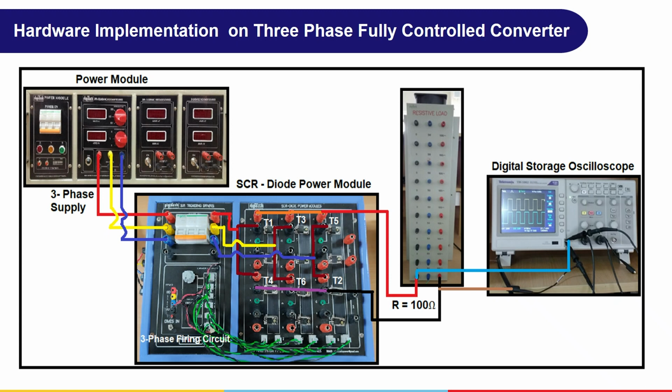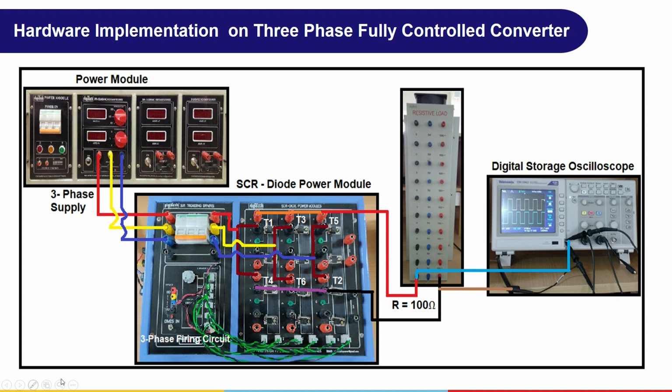Now we'll do the hardware implementation of the 3-phase fully controlled converter. For this, a power module is required. The power module will give 3-phase supply, single phase supply and DC supply. In that you have to choose 3-phase supply. The second one is the SCR diode power module, in which you select thyristors T1, T3, T5, T4, T6, T2.